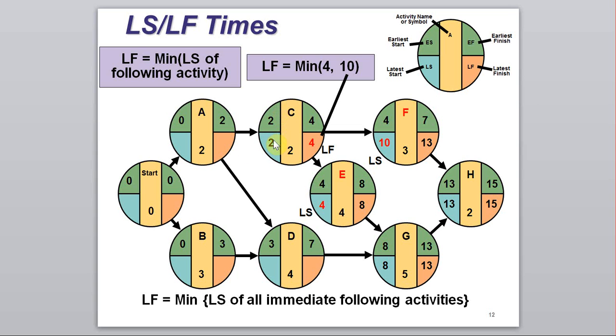As shown in these slides, activity node C has two following activities, one is F, one is E. When we calculate the latest finish time, we calculate backward, which means from H we calculate F, and from H we also calculate activity G and activity E. So for C, there are two following activities.